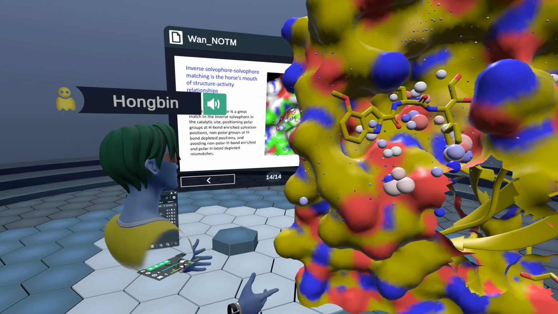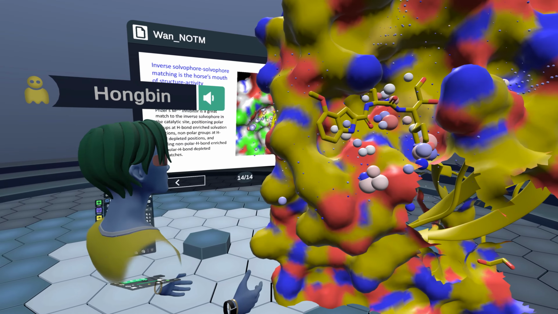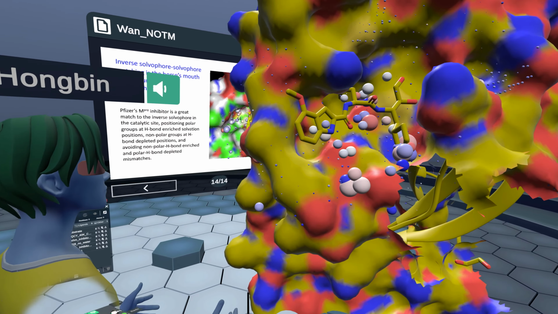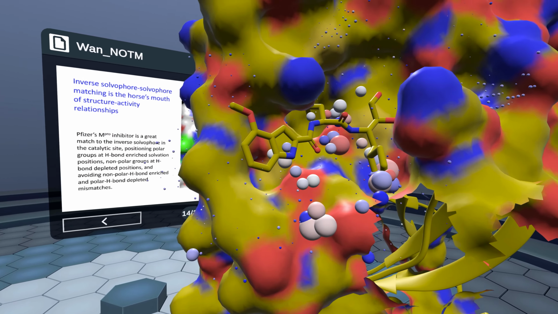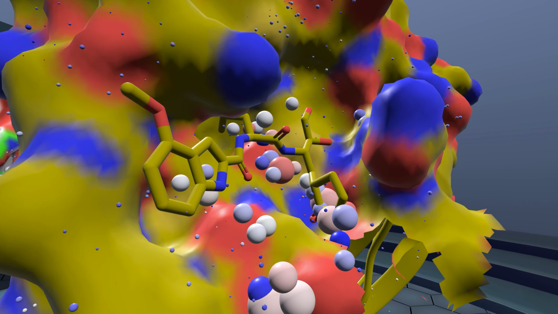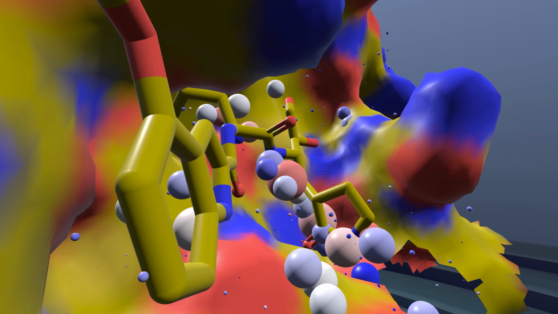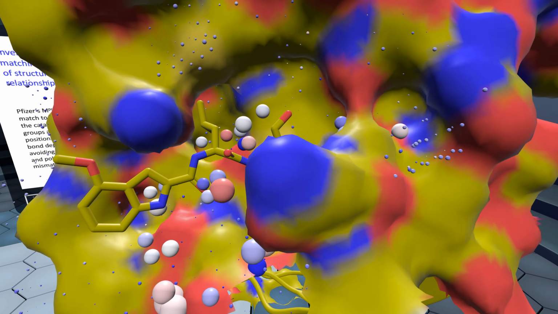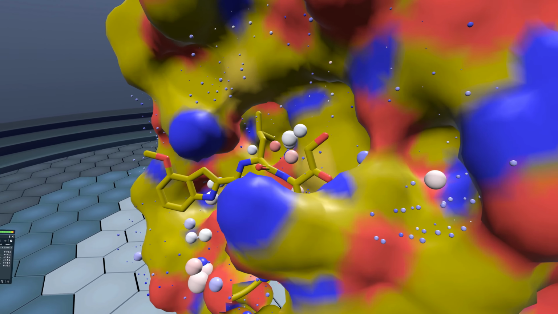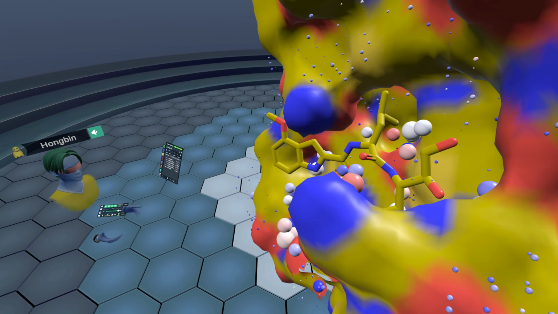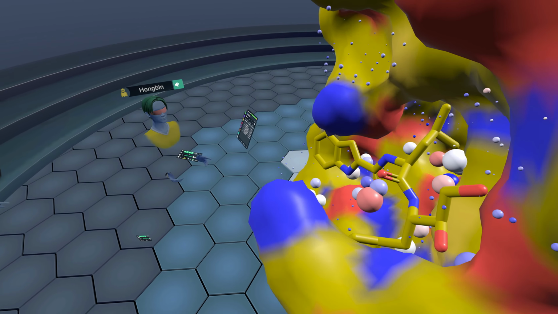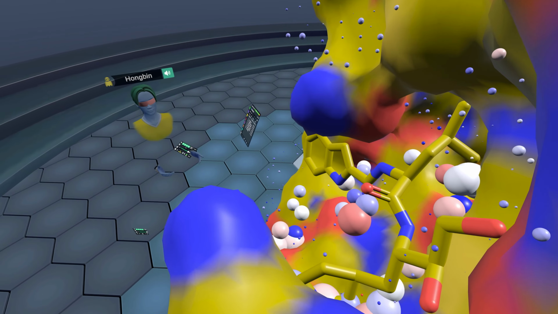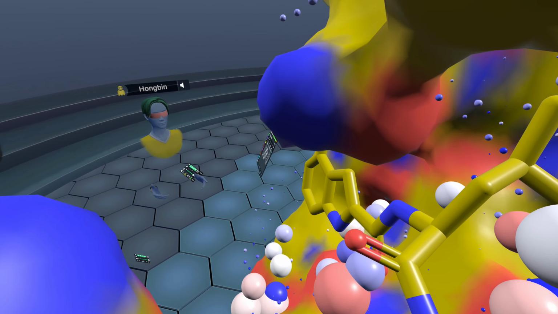And here's the solvation field we calculated for the Mpro inhibitor. And you can see here a lot of voxels spreading everywhere. The smaller sizes represent the low occupancy voxels, and the larger ones represent high occupancy voxels.